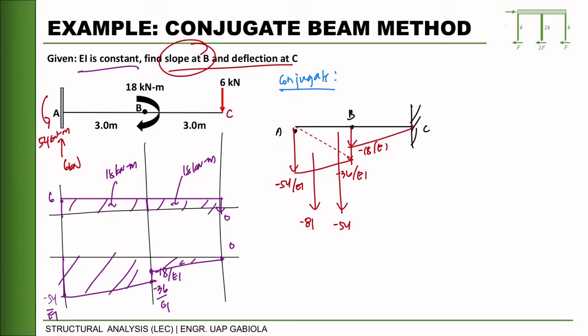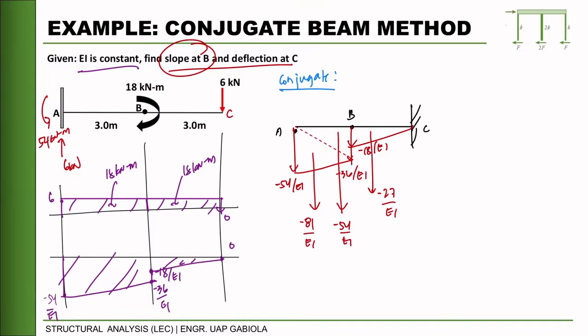And then the area of this triangle, 0.5 of negative 18 times 3 is negative 27. So again, don't forget that all of these values have flexural rigidity at the denominator.